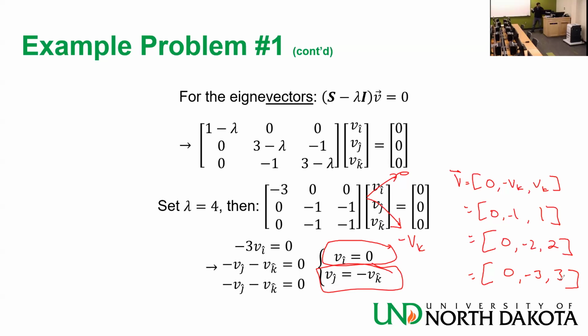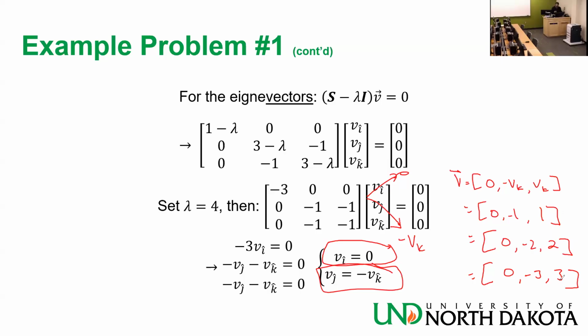Now, this vector altogether is still pointing in the same direction, right? It's just a bigger vector, but it's still pointing in the same direction. I can be infinitely long and still point in the same direction. So it doesn't really matter how long the vector is. As long as I'm pointing in the correct direction, I get infinite possible values.